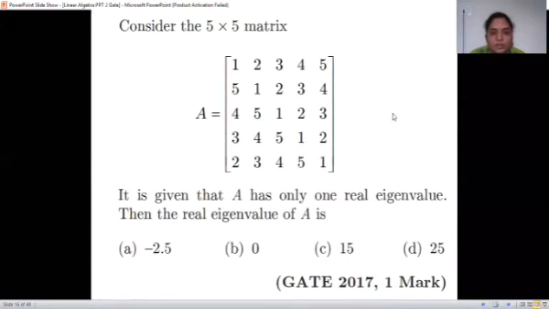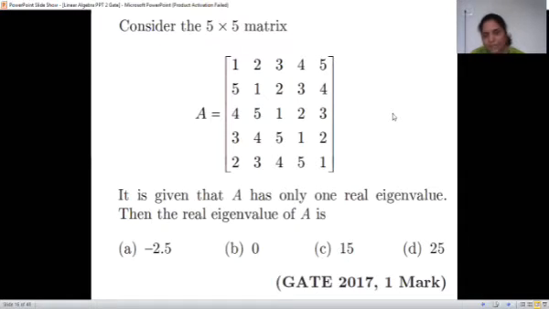This is a 5 by 5 matrix, and you have to find its one real eigenvalue. We need one eigenvalue, which means one equation will be sufficient so that we can find the eigenvalue.